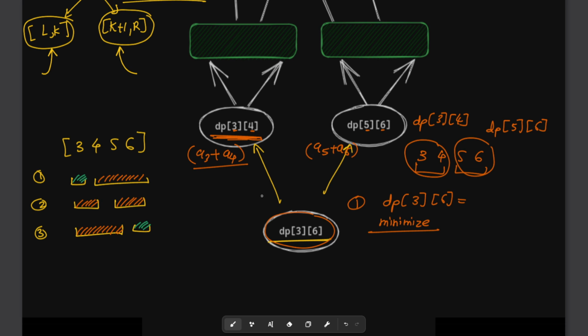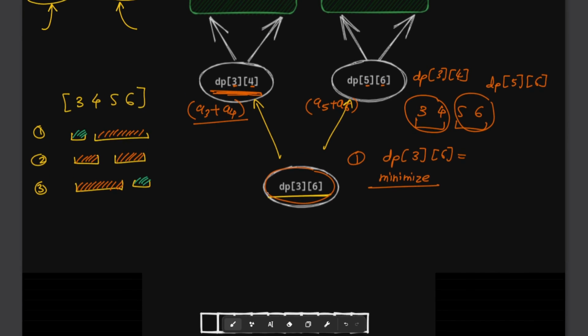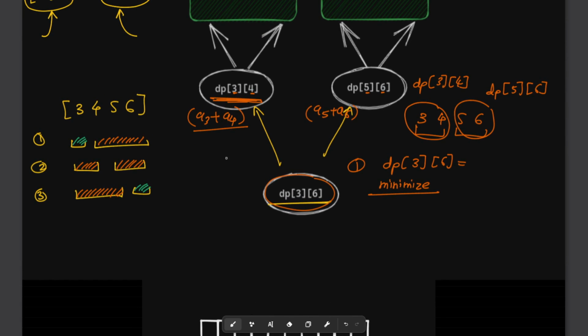And now if we merge them into this larger block, the sum of that block would be the x plus y of the independent parts that we are adding up. So x plus y will essentially be the sum of the elements in that range that we are finding the answer for. So a3 plus a4 plus a5 plus a6, which is essentially the sum of elements in this range.